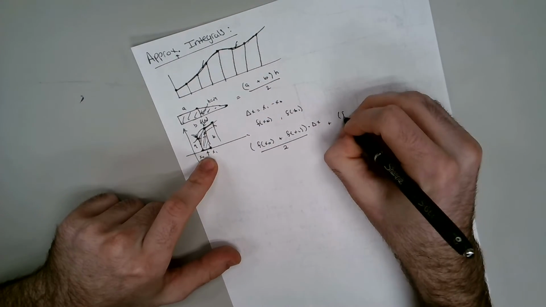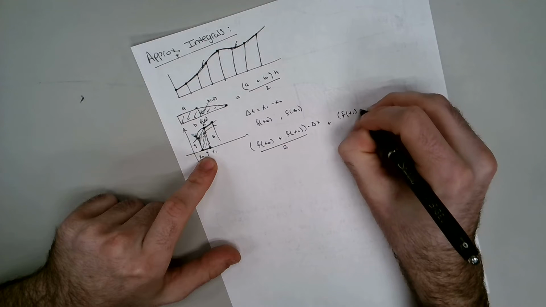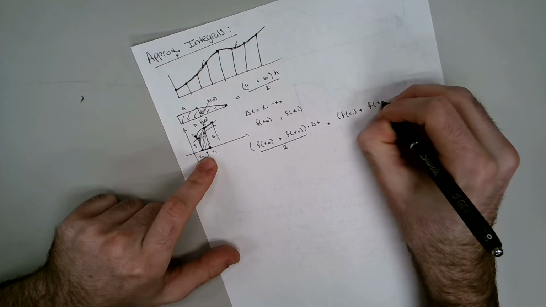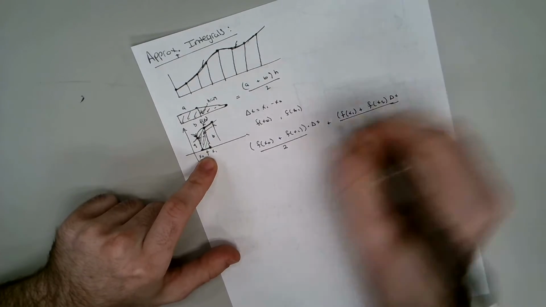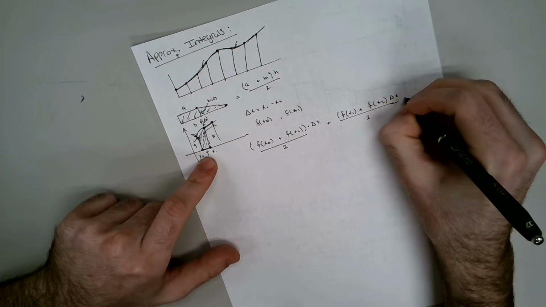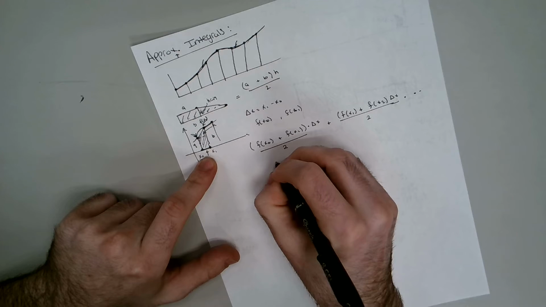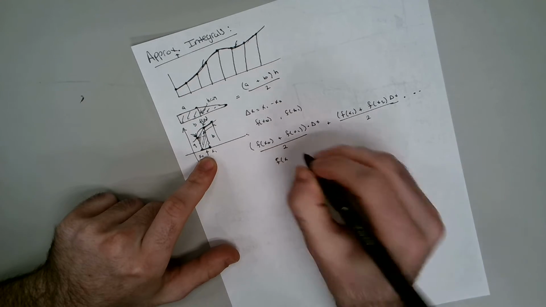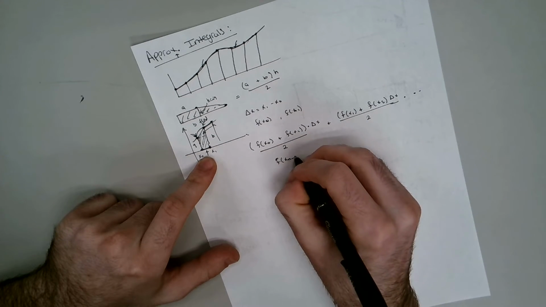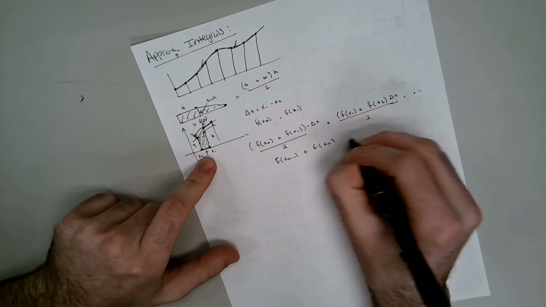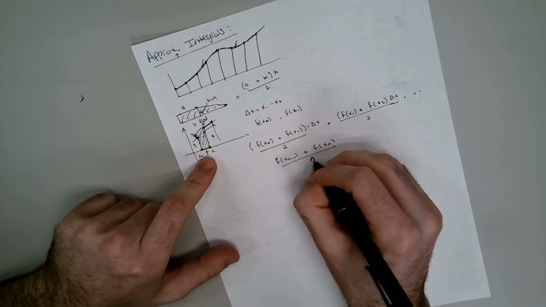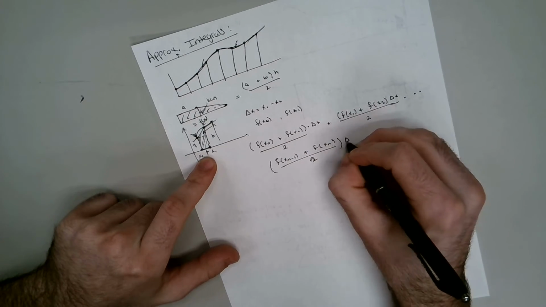So our next trapezoid is going to be given by f of x1 plus f of x2, times delta x, because we're choosing delta x to be the same no matter what. And we continue this until we do f of x n minus 1 plus f of x n, all over 2 times delta x.